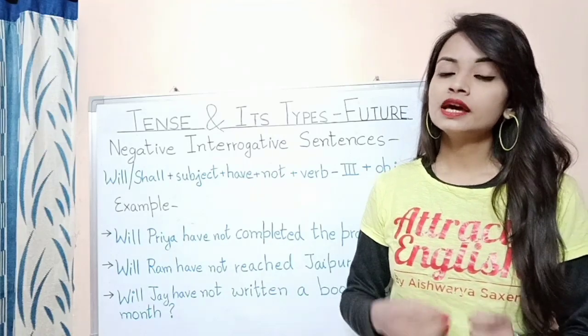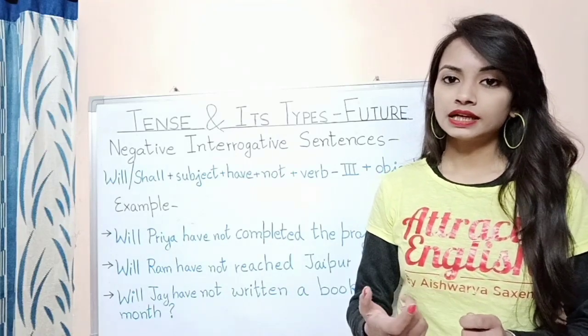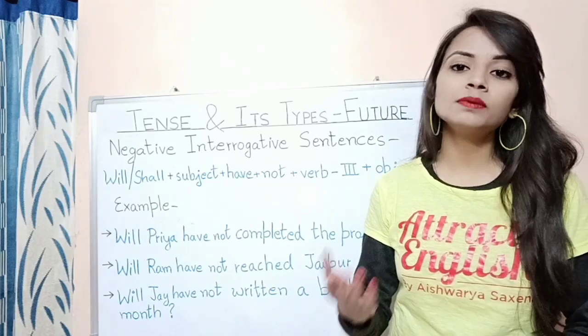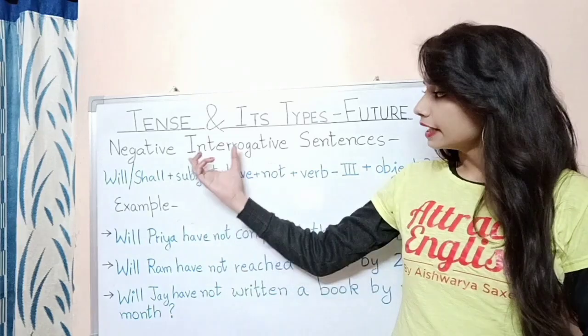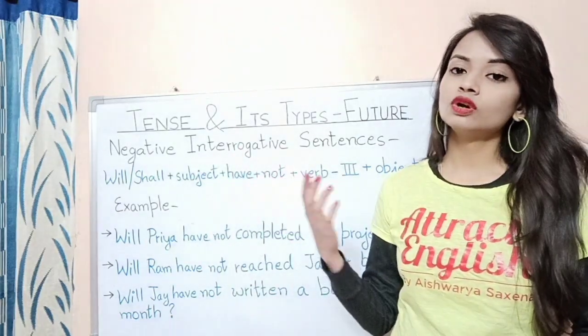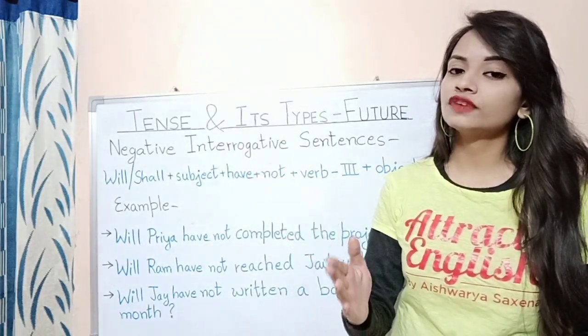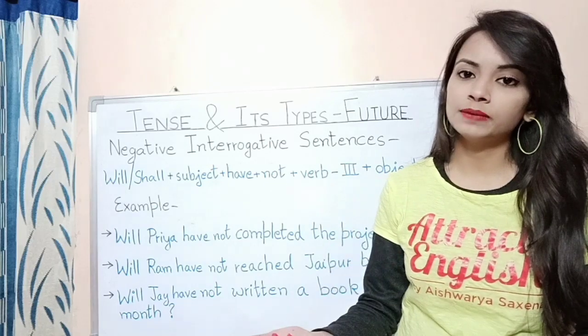Okay, it means the interrogative sentence wants to know the possibility of an event to take place, and a negative interrogative sentence wants to ask the possibility of an event to not take place.